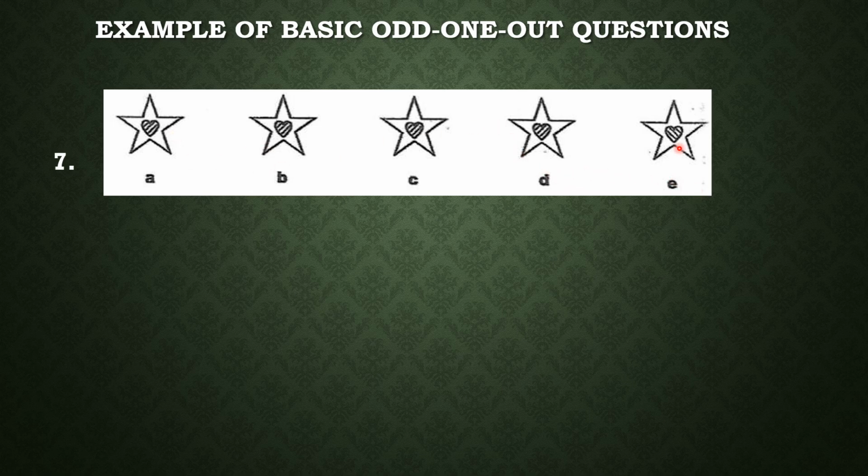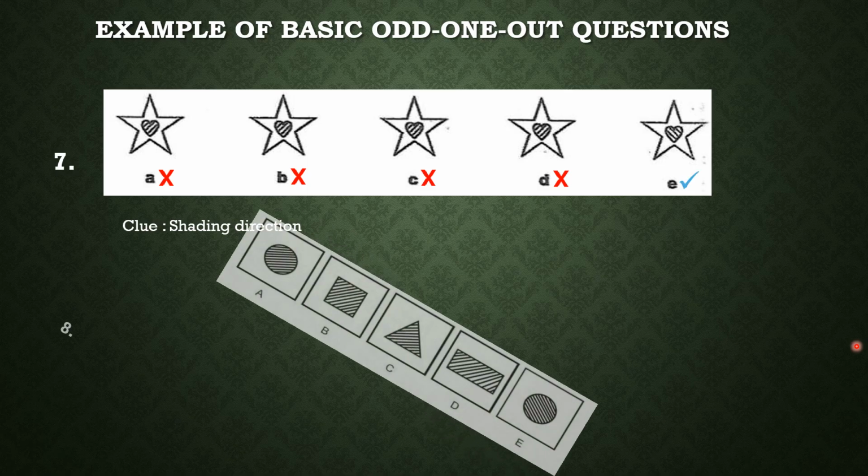However, option E has the opposite direction of shading. It's from right to left in an upward direction. So that is the odd one out. So the clue here should be shading direction, and the odd one out is option E.